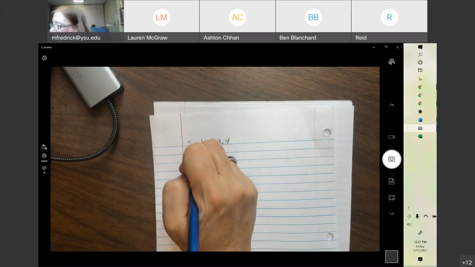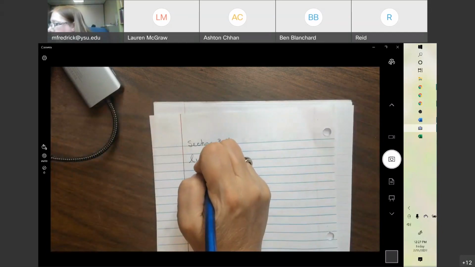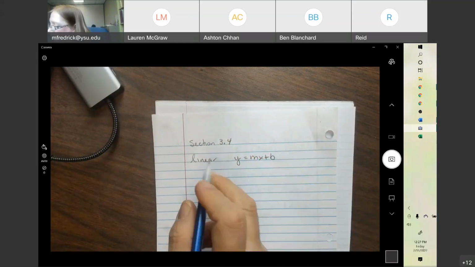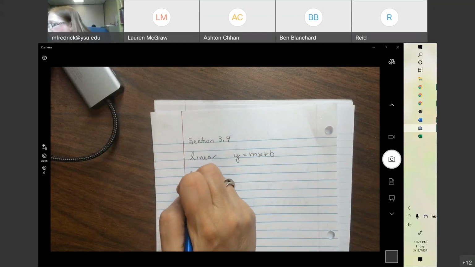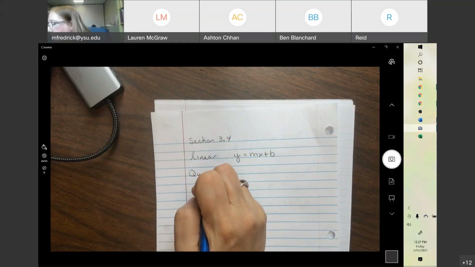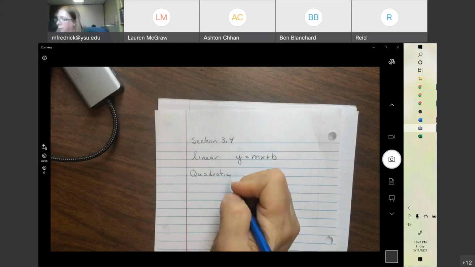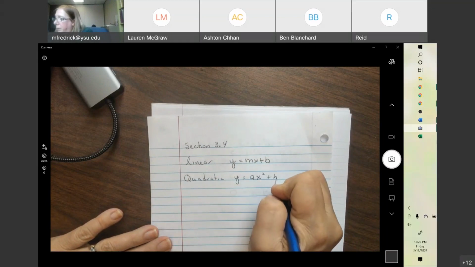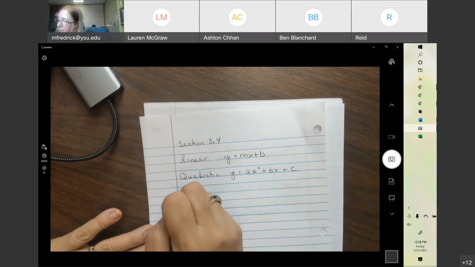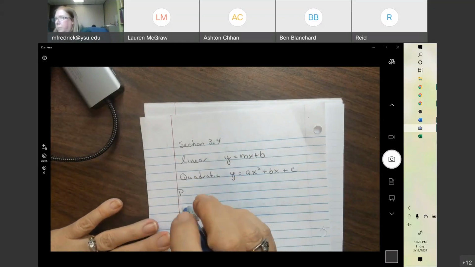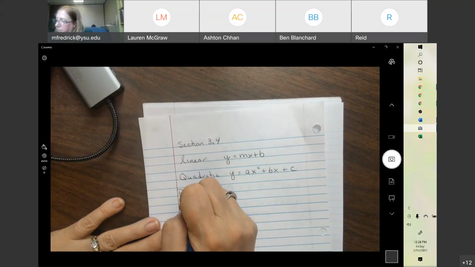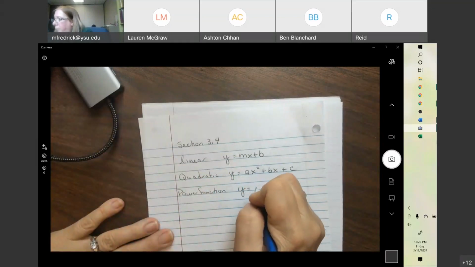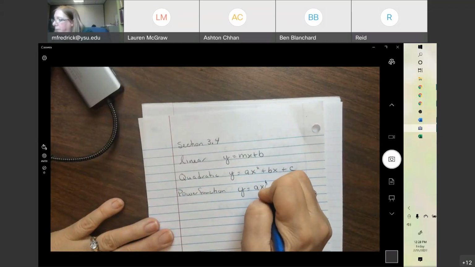So remember, when we're looking for the linear one, that would be y equals mx plus b. The quadratic, which is your parabola, is ax squared plus bx plus c. And then the power function or exponential function is y equals ax to the b.